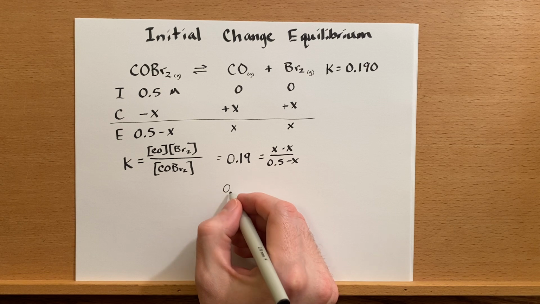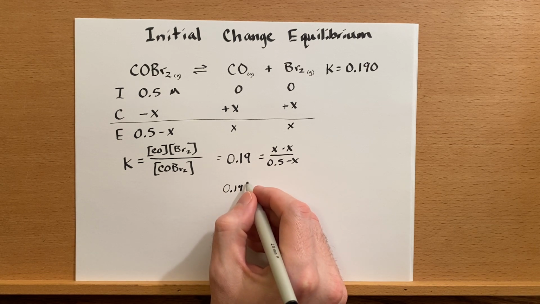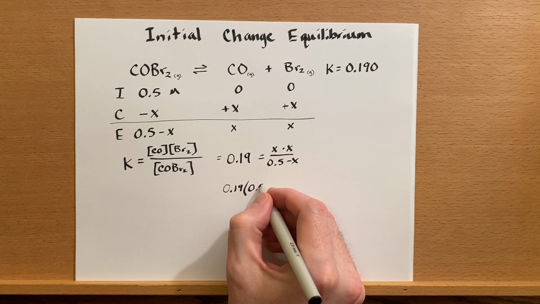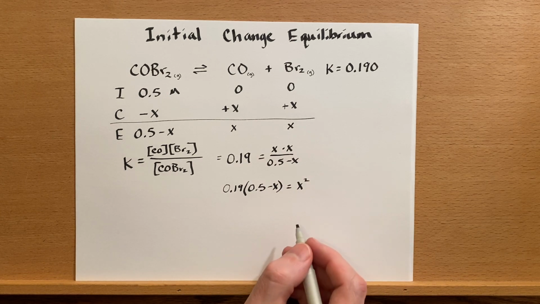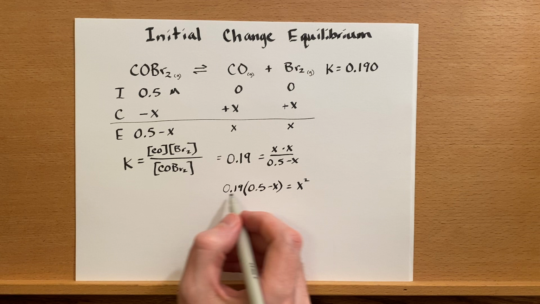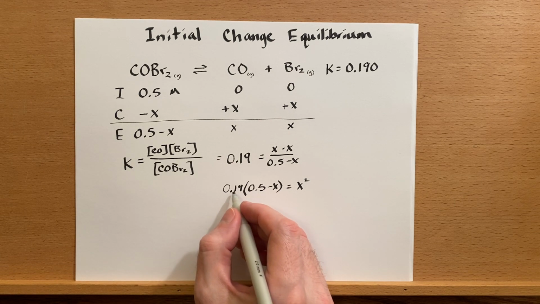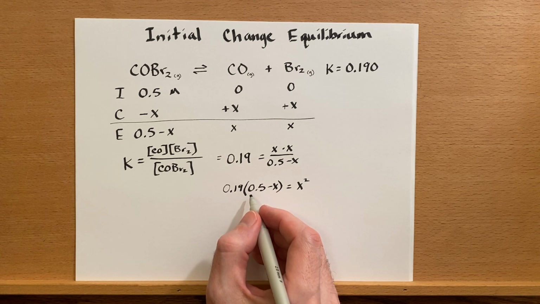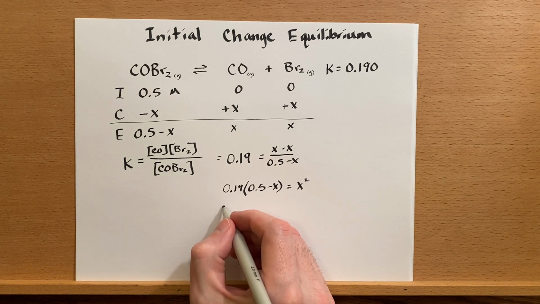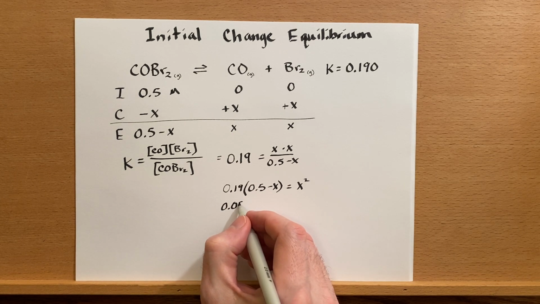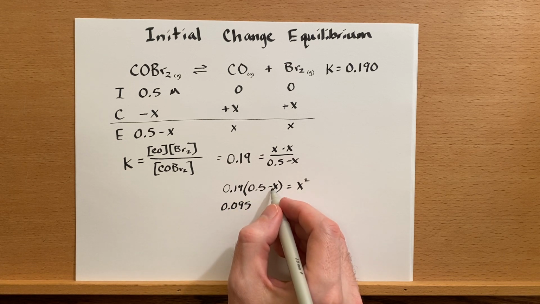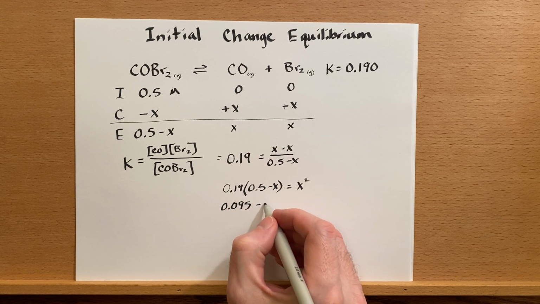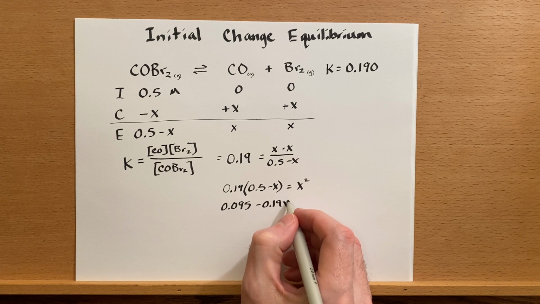So 0.19 times 0.5 minus X equals X squared. And then we'll need to distribute this. So 0.19 times 0.5 is actually 0.095. And 0.19 times minus X is minus 0.19X.